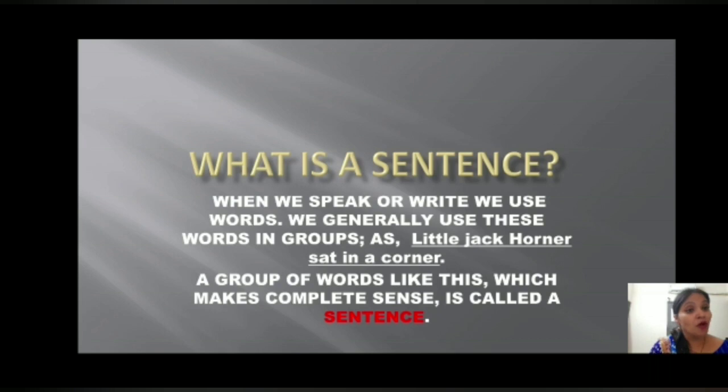To know it better, you need to understand the two key points of a sentence. The first, the sentence is made up of words in groups, and second, it expresses a meaningful, complete sense. That is called a sentence.